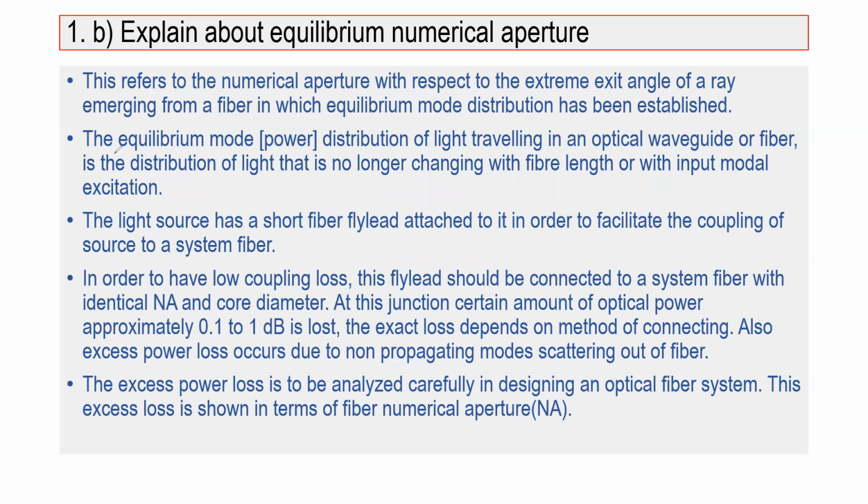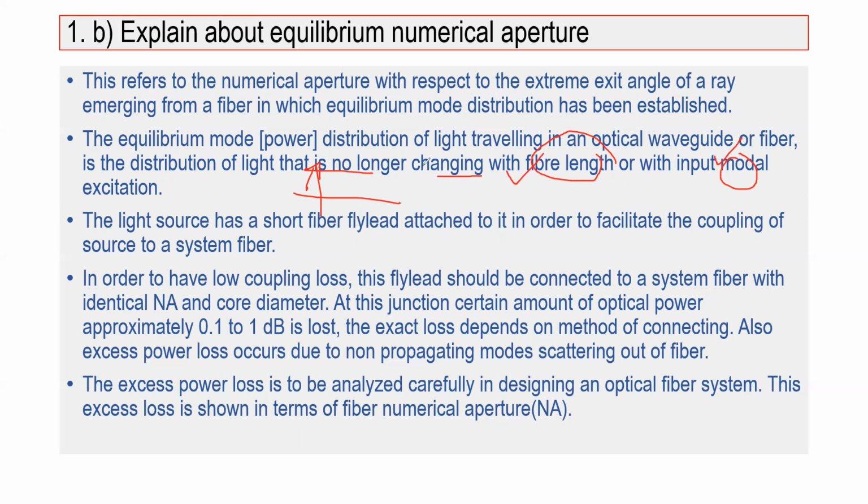Now what we are saying is a wave mode is said to be equilibrium in nature if it has not undergone any change as it travels along the fiber or with input modal excitation. Even though you have changed your excitations, keeping your mode constant, that means even though you are varying your intensity, its mode should not change.